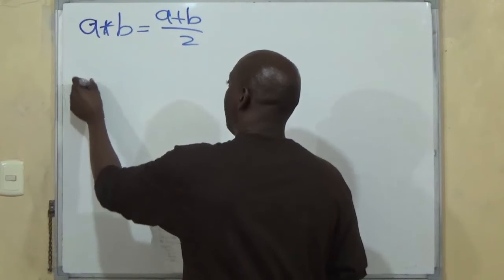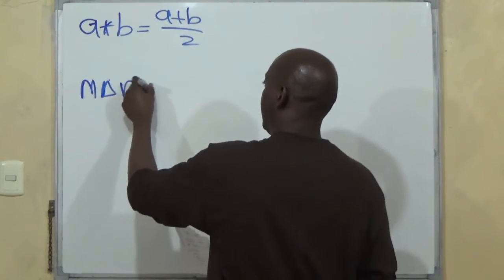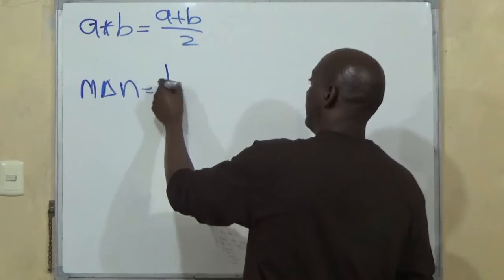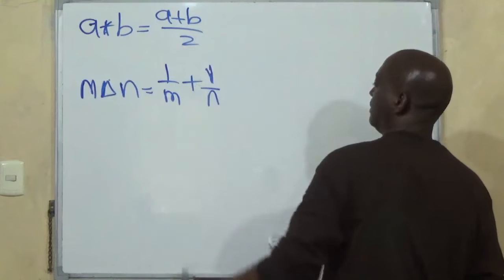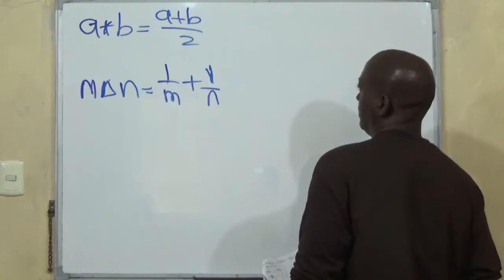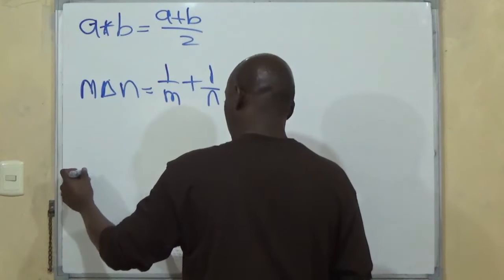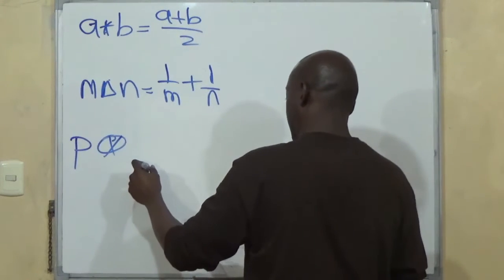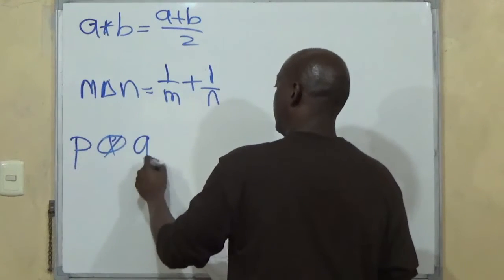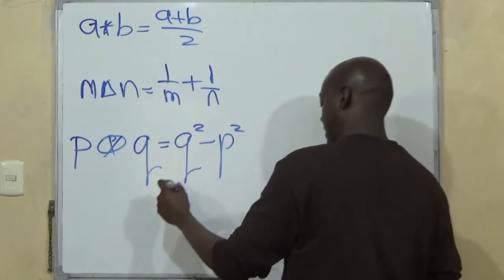Let me say M star N. Remember that was 1 over M plus 1 over N. Yeah, no problem. We have P circle with the cross Q was equal to Q squared minus P squared.